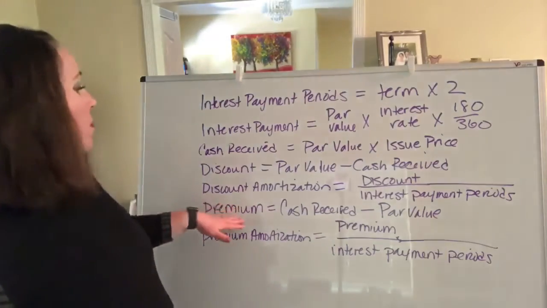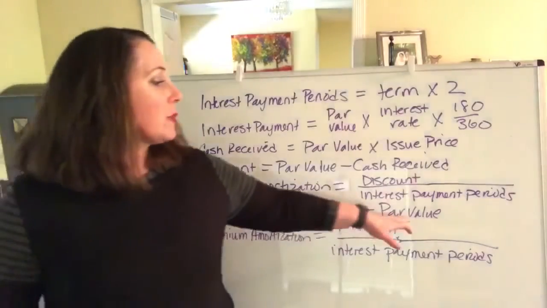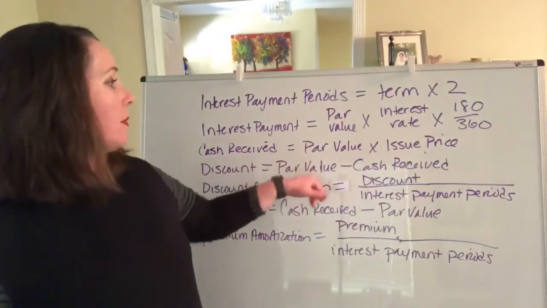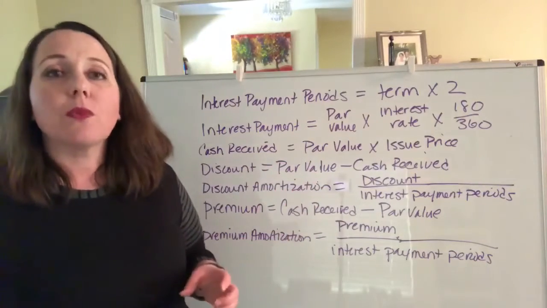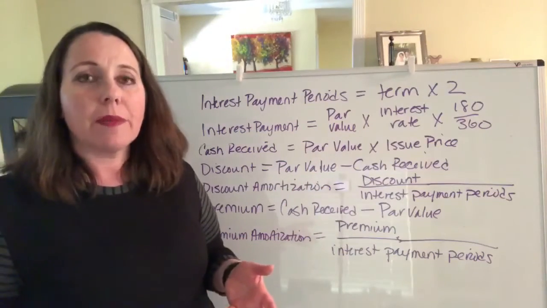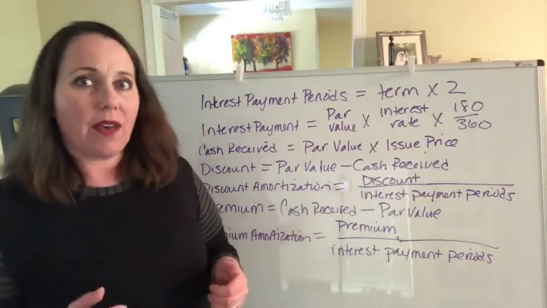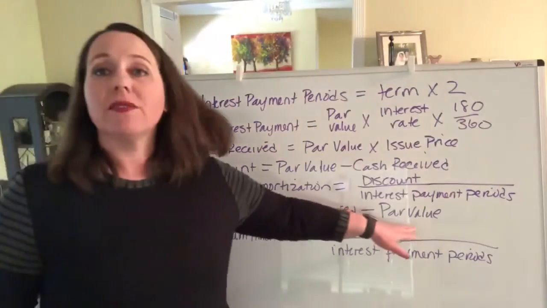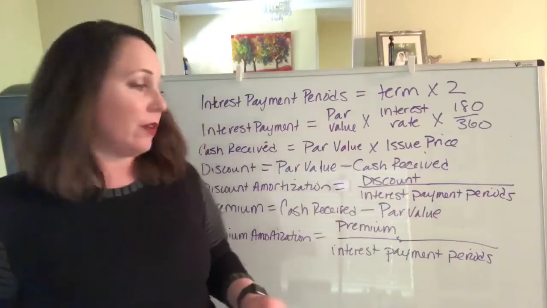Okay, our premium is going to be our cash received minus par value. It's the opposite from the discount, because when we sell at a premium, that means we're selling above par value. We're getting more cash. So our premium is cash received minus par value.